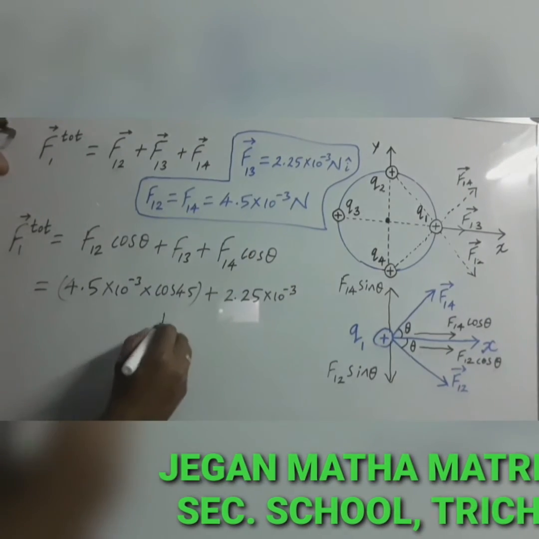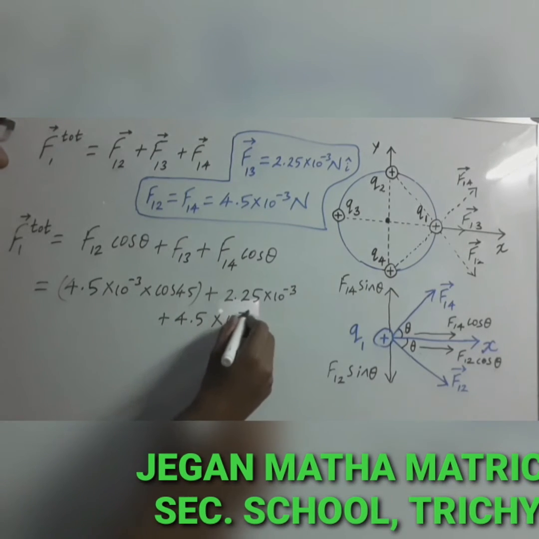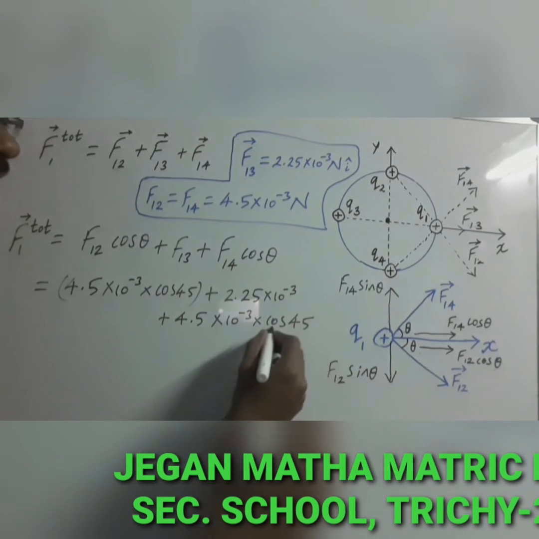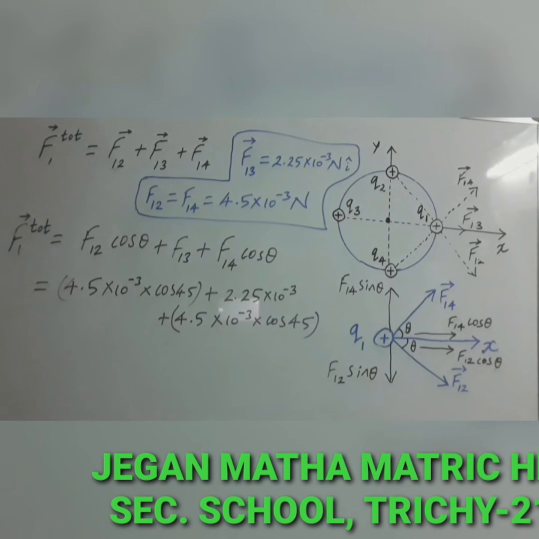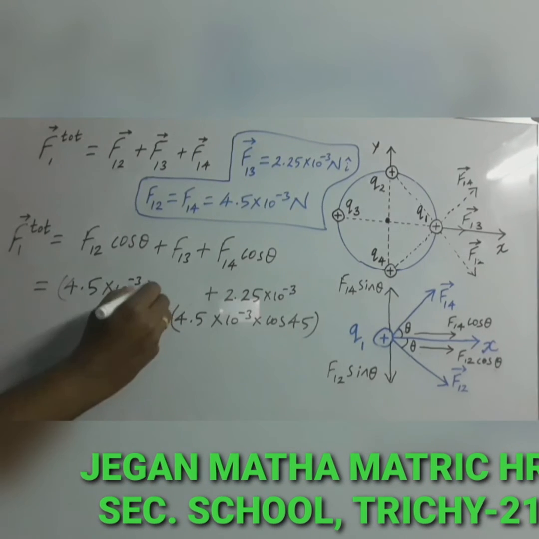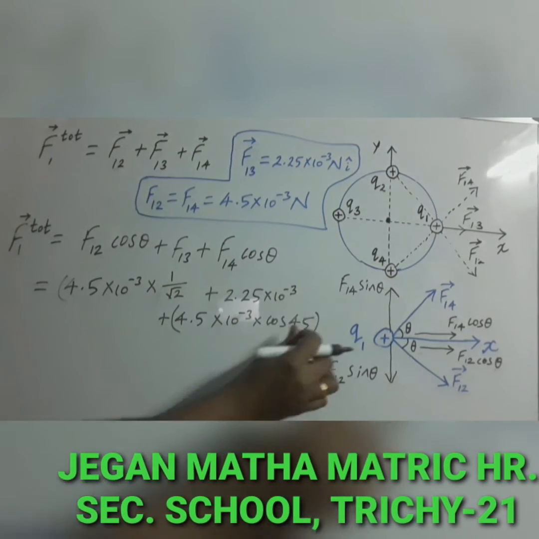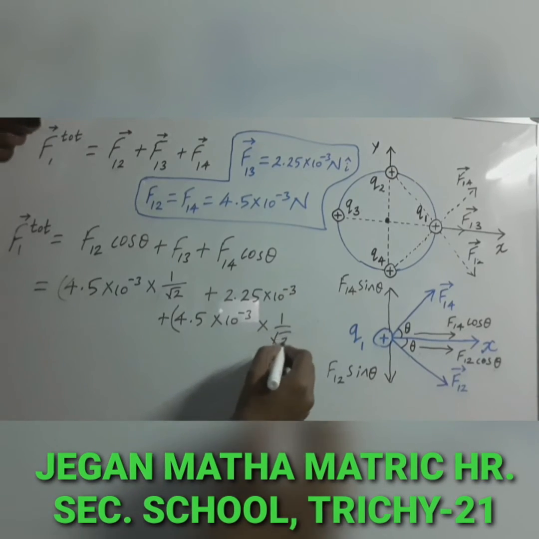F14 value is also same, 4.5 into 10 to the power of minus 3 into cos 45. Okay, what is the value of cos 45? 1 by root 2. Here also, instead of cos 45, we can write 1 by root 2.